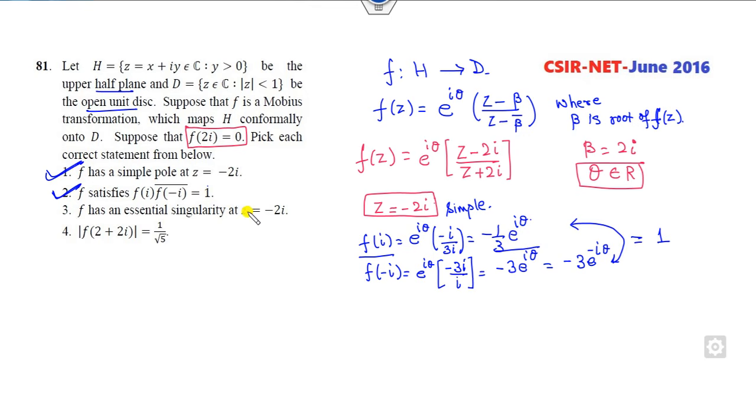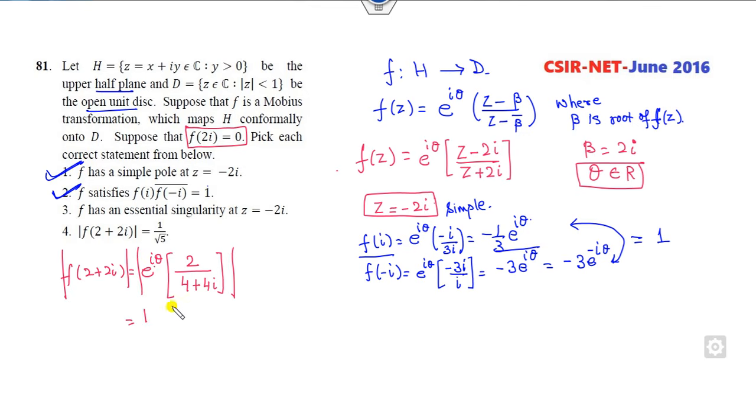F has an essential singularity at z equal to 2i. How can you prove that it's an essential singularity? Firstly, I will check this part. Fourth option: if I substitute f of 2 plus 2i, it is e raised to the power i theta, with numerator 2 plus, which is 4 plus 4i. Now you have to take the modulus value.